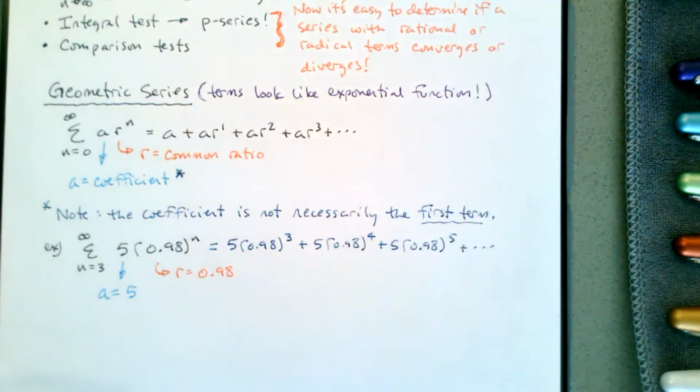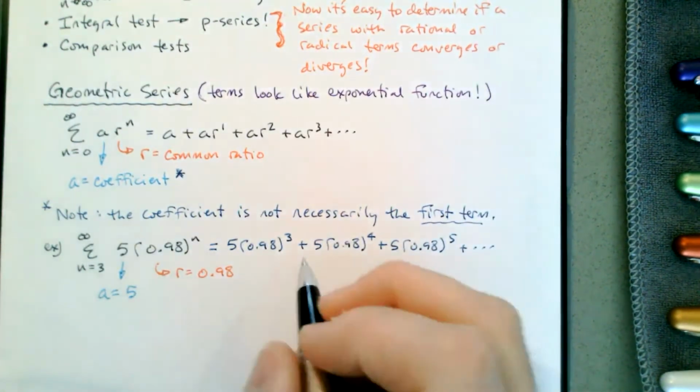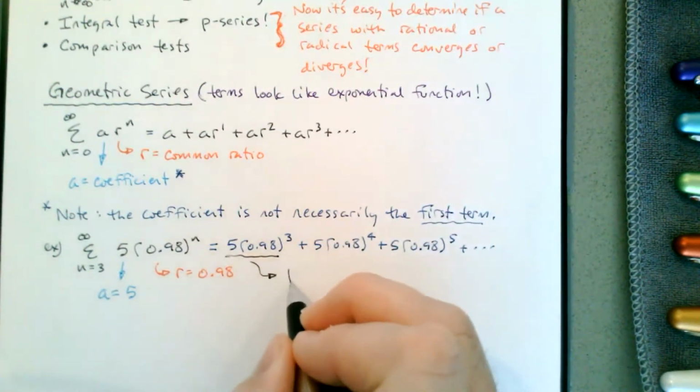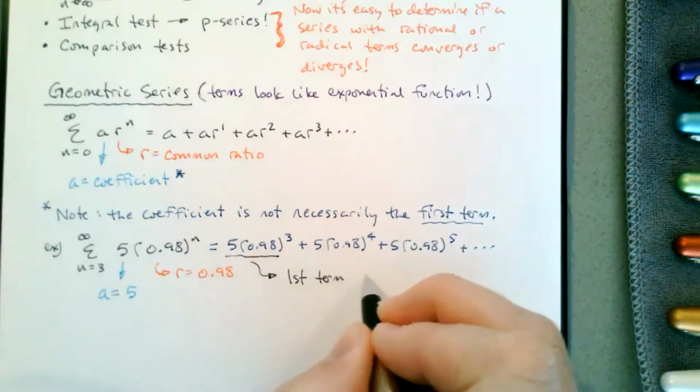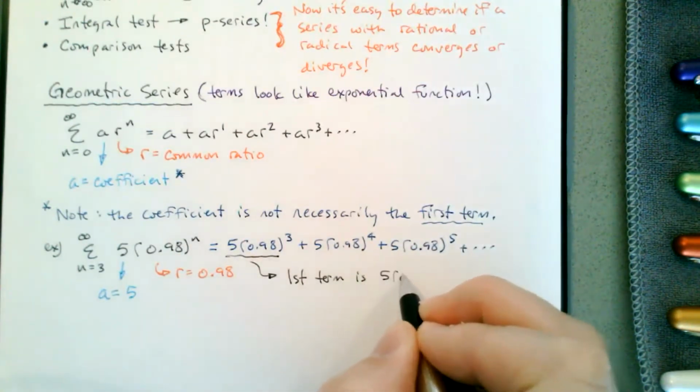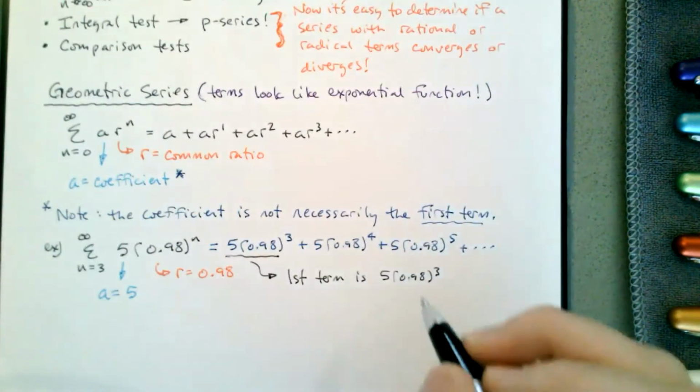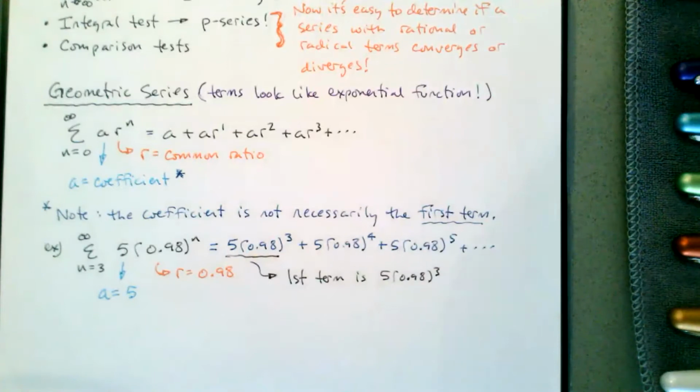So the first term of this series is 5 times 0.98 to the third, not just the 5. So we want to make sure that we make that distinction.